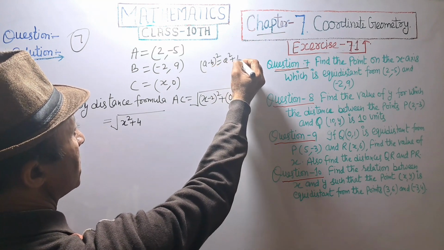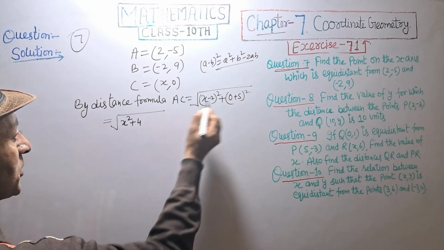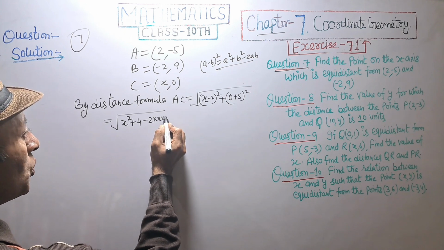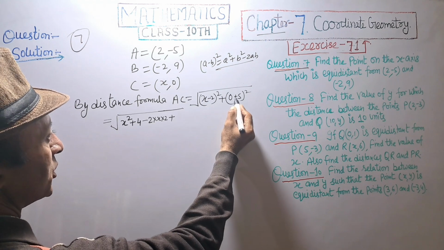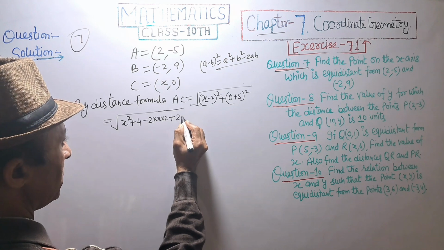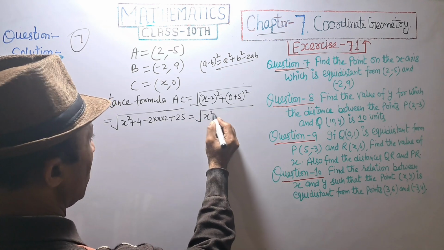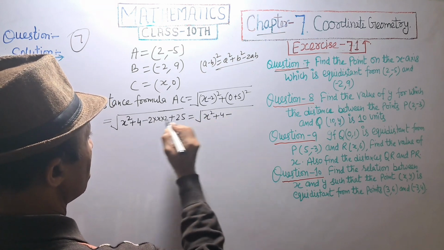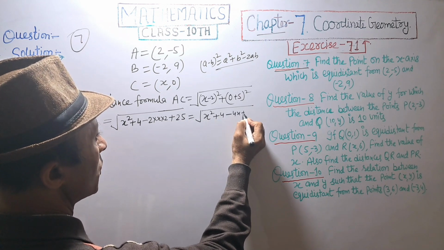a squared plus b squared minus 2ab, we get x squared plus 4 minus 2 into x into 2, that is 4x, plus 5 squared, that is 25.